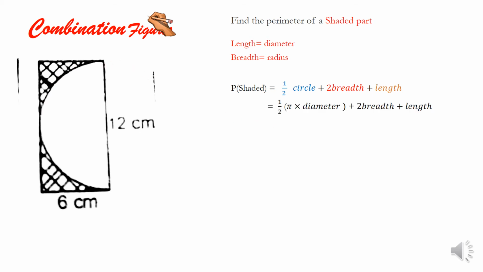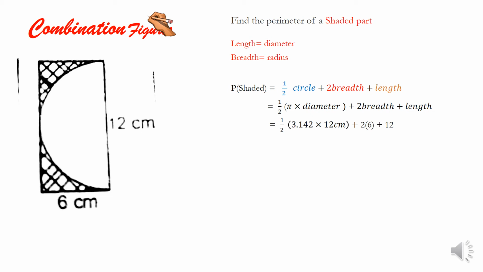So we know that the circumference of a circle is given by pi times diameter, or you could say 2 pi r, so half times 2 pi r, or half times pi times diameter. Okay, so we have 2 breadth plus the length.